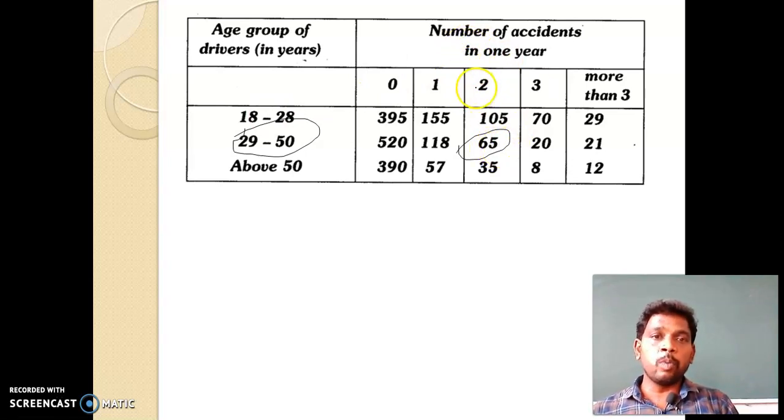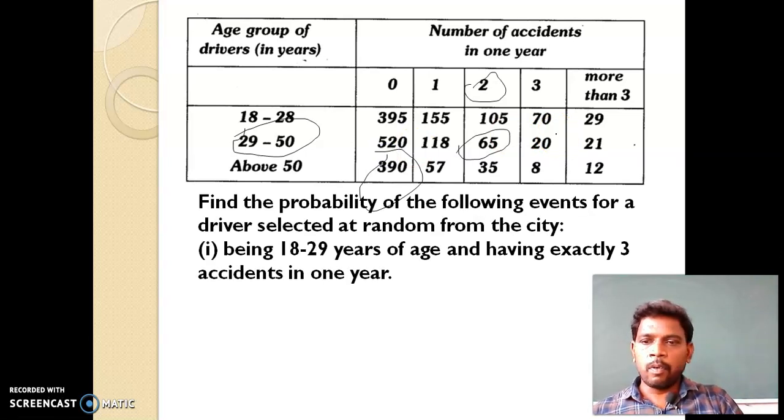That is 2 accidents in 1 year, 65 times. And here 390 means that above 50 years old drivers didn't meet with any accident 390 times. You understand the table now? Now we are going to find the answers for the following questions.